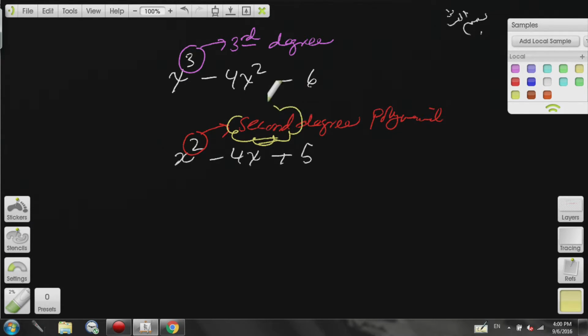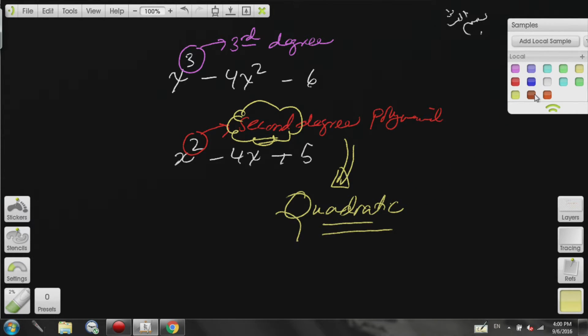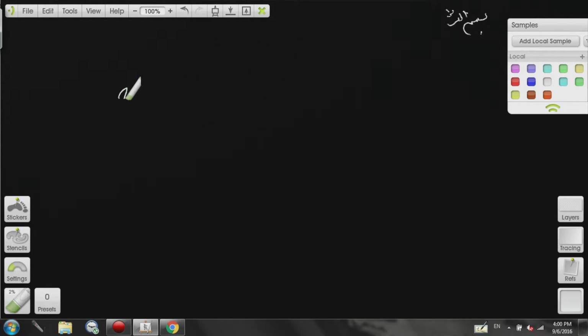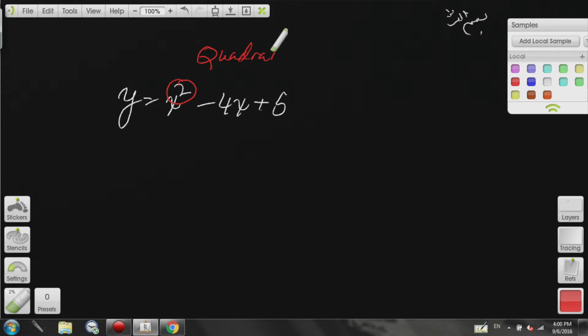A 2nd degree polynomial is called a quadratic function, quadratic polynomial. That's called a quadratic. So a quadratic function is a 2nd degree polynomial function. For example, y equals x squared minus 4x plus 5. So this is a 2nd degree polynomial function, and a 2nd degree polynomial function is called a quadratic function, correct?